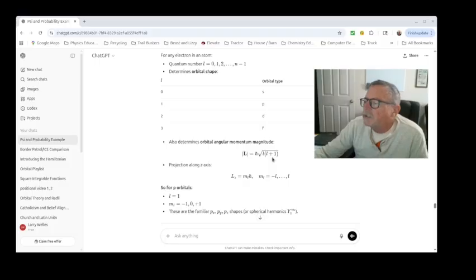This kind of hints at why the P has these lobes in there, because it is not symmetric on the different axes. So this does give it angular momentum. And here are the px, py, and pz shapes represented by the M. Notice the little l down here for angular momentum of -1, 0, and +1.